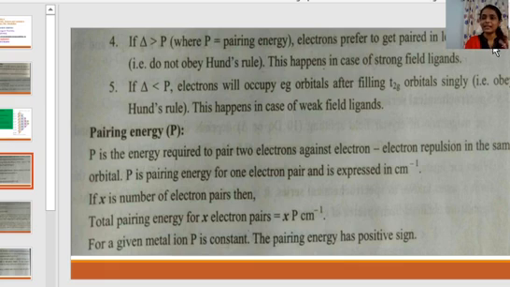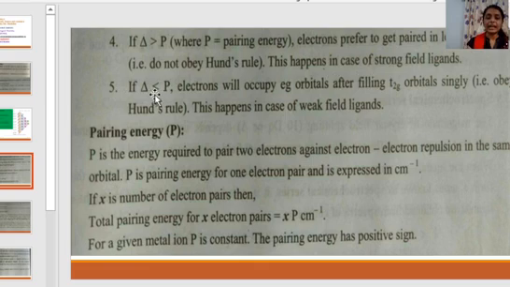Whenever delta is greater than P, electrons prefer to get paired, since the energy required to jump from the lower T2g level to the higher Eg level is large. The electrons will prefer to get paired in T2g. This doesn't obey Hund's rule, and this happens in the case of strong field ligands, whenever a strong field ligand approaches the metal ion.